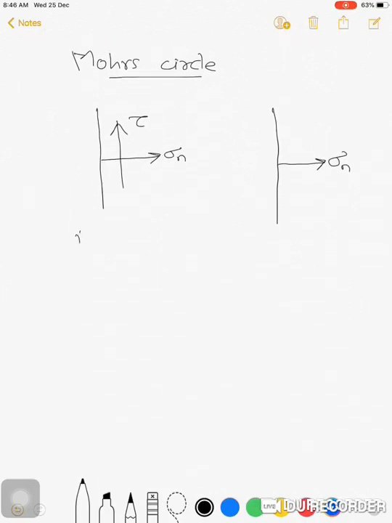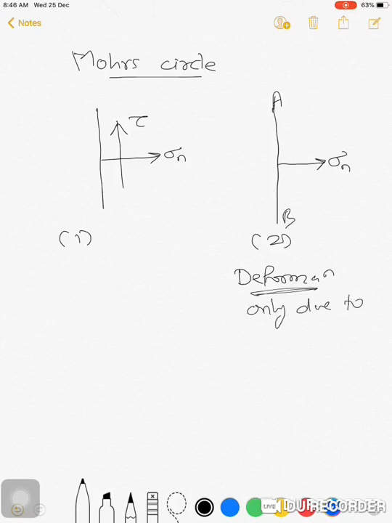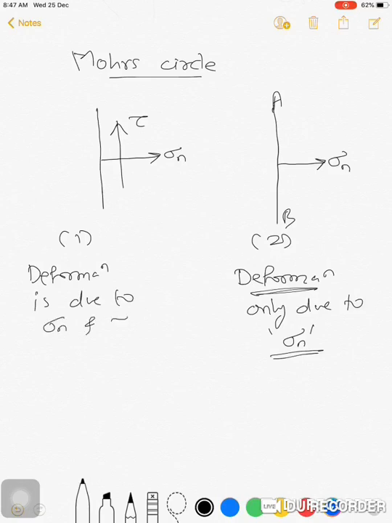Now in the second case, the deformation of plane AB will be only due to normal stress, but here the deformation is due to normal and shear component.